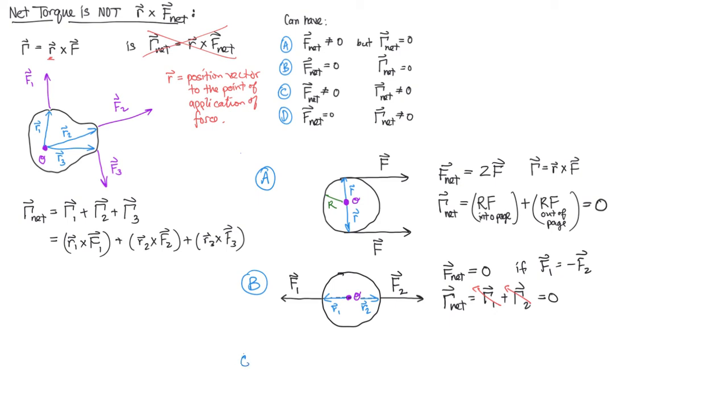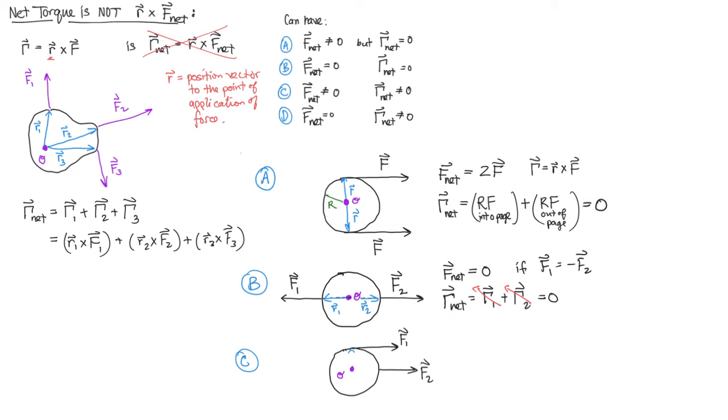Okay, so that's an example where you can have 0 net force and 0 torque. Moving on, item C, which is asking us for a non-zero net force and a non-zero net torque. Okay, so by now you know the drill. We're going to have a circle with an origin, and we're going to draw two force vectors on it. Let's draw one here and one here. Okay, we'll label the first one F1 and we'll label the second one F2.